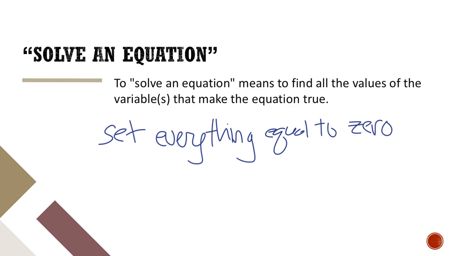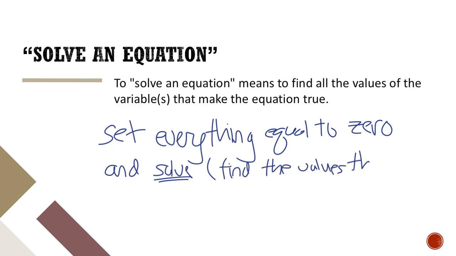So if you have some sort of expression, we're going to set that expression equal to 0, and then we're going to solve it. So set equal to 0 and solve, which means find the values that make it 0. So that would be what it means to solve.